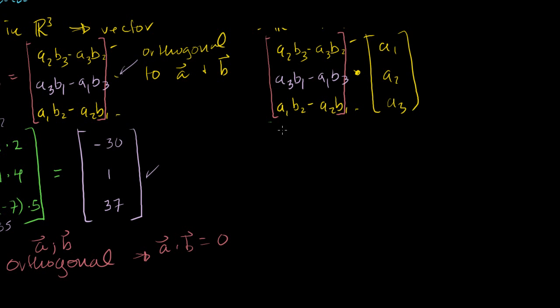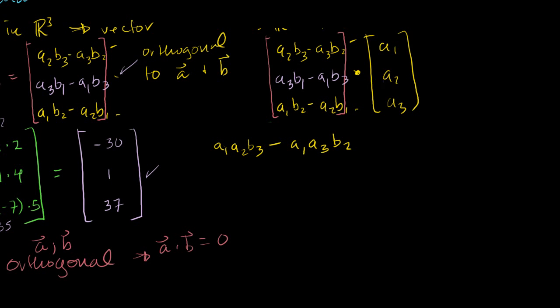So what does the dot product look like? It's that term times that. So it's A1 times A2, B3, minus A1 times A3, B2.